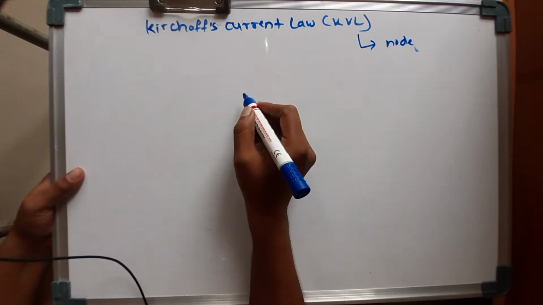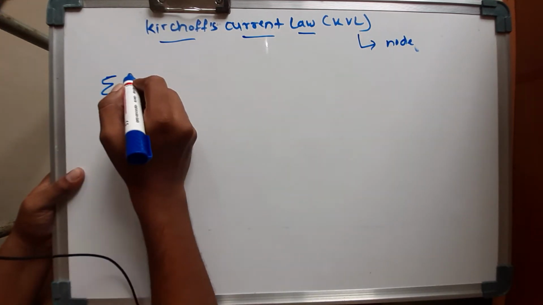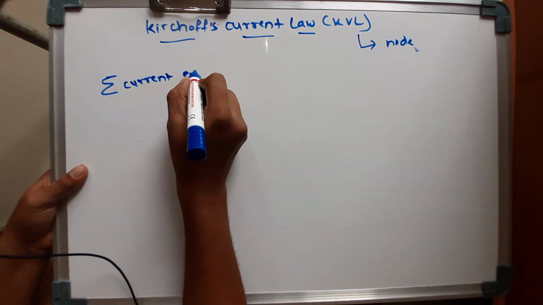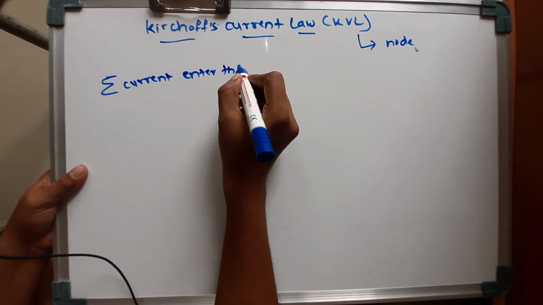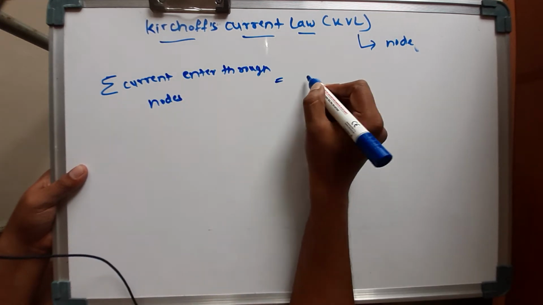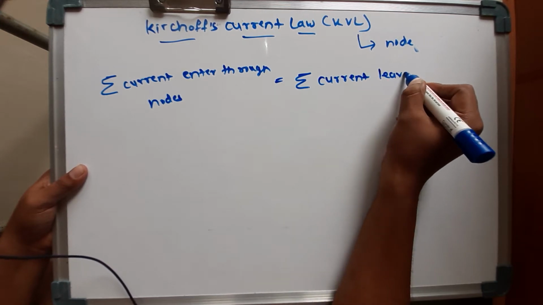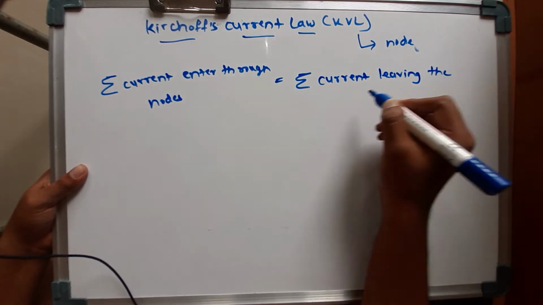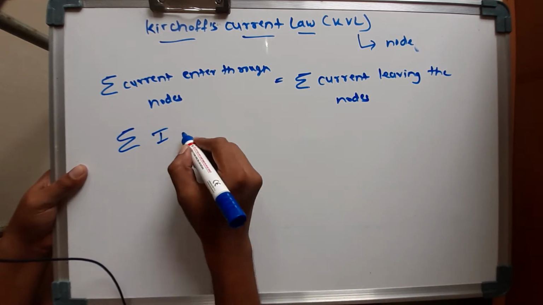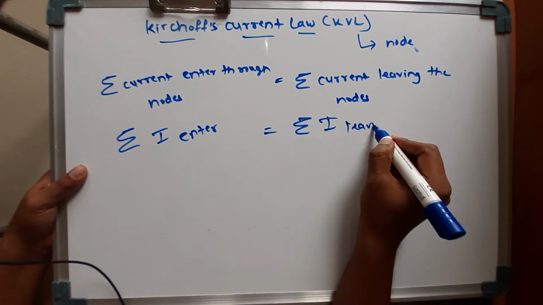The definition of Kirchhoff's current law is that the algebraic sum of currents entering through a node is equal to the algebraic sum of currents leaving the node. So here I entering equal to I leaving.